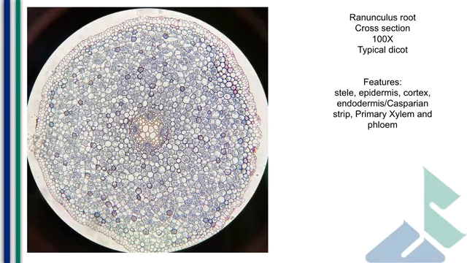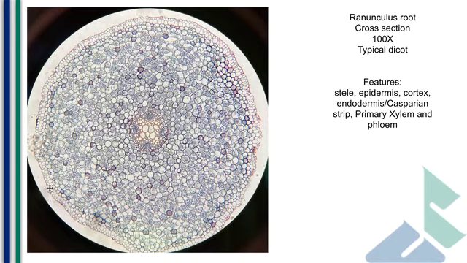So here we have that cross-section at 100x under the microscope. You'll notice that there is a vascular cylinder in the middle. It makes a quite distinctive cross shape. You'll see the stele here, the epidermis, this tissue layer on the outside.